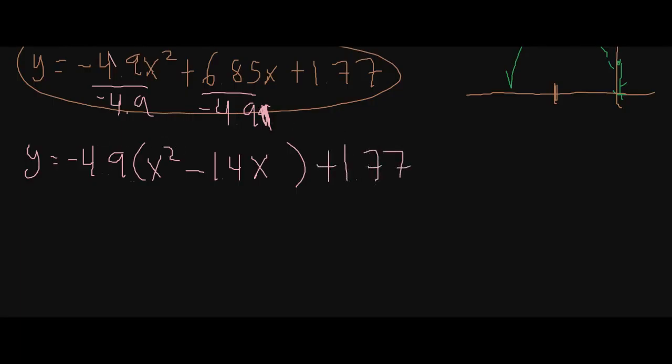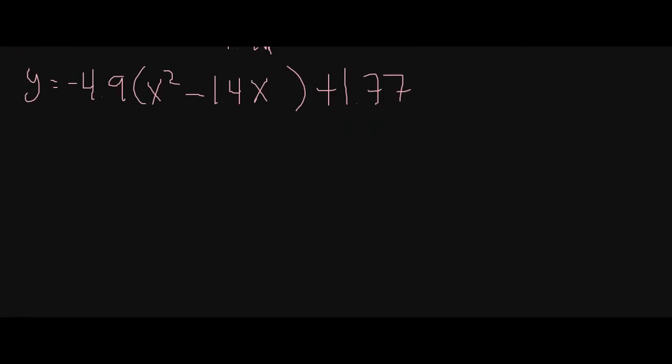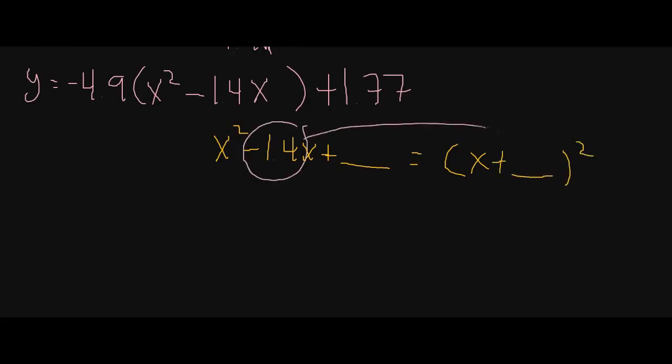So now that we pulled out that first term, we want to turn this into a perfect square. Just like we've done in the past, we want to write x squared minus 1.4x plus blank is going to equal x plus blank squared. Well, what do we do to this term here to get this term out on the outside?